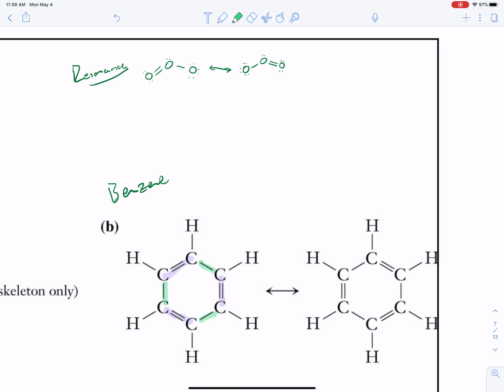If I look at the structure to the right, the single bonds have moved. They're in a different spot, and the double bonds have moved. But if I look at that, it's still double, single, double, single, double, single, right? As a result, these things are also resonance structures.